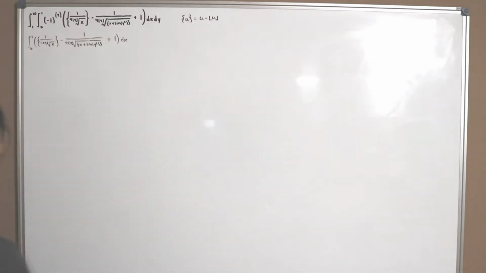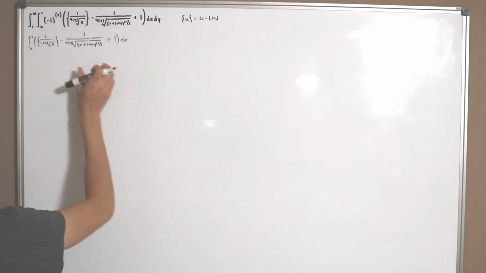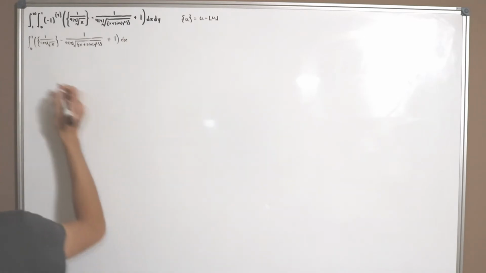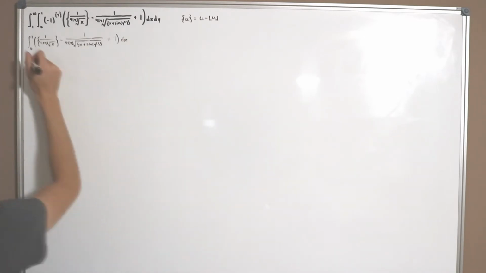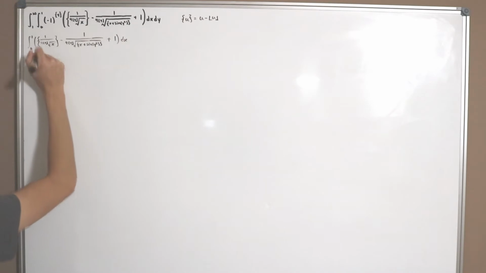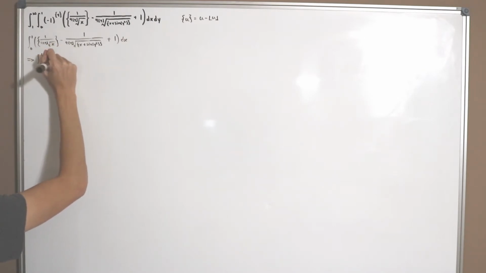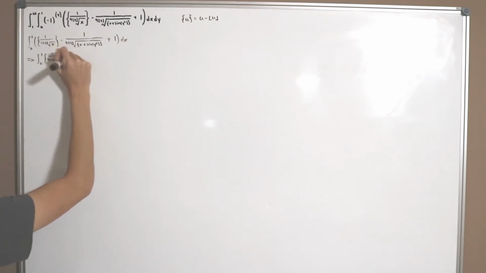We can actually split this into 3 different integrals, a sum of integrals. Simply this is 3 integrals: the integral from 0 to 1 of the fractional part of 1 divided by 4 times the floor of y root of x, dx.